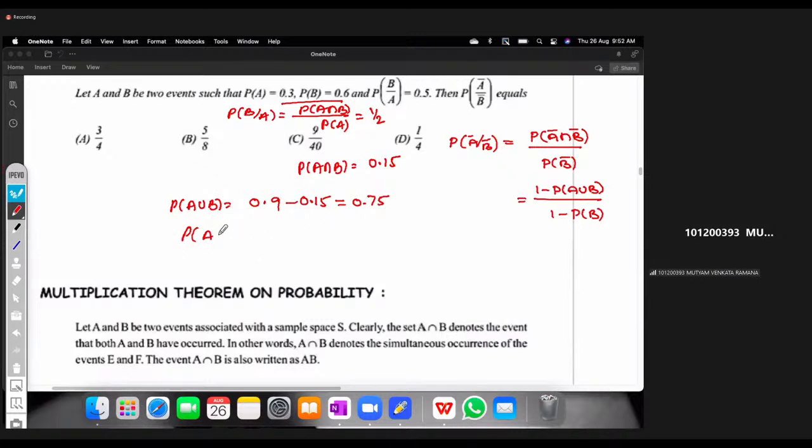Probability of A union B whole bar is equal to 0.25, which is equal to probability of A bar intersection B bar. So it is 0.25 by probability of B bar, which is 0.4. So 25 by 40, 5 by 8. Okay, 5 by 8.